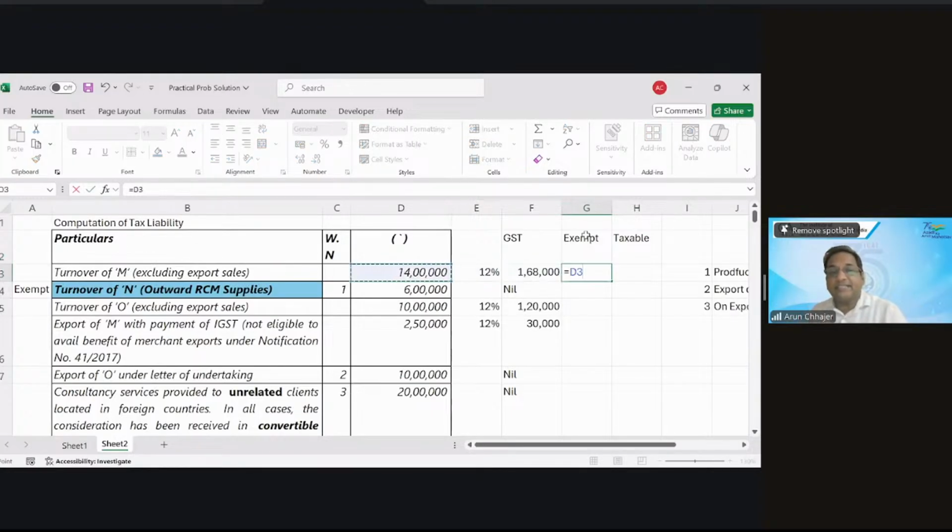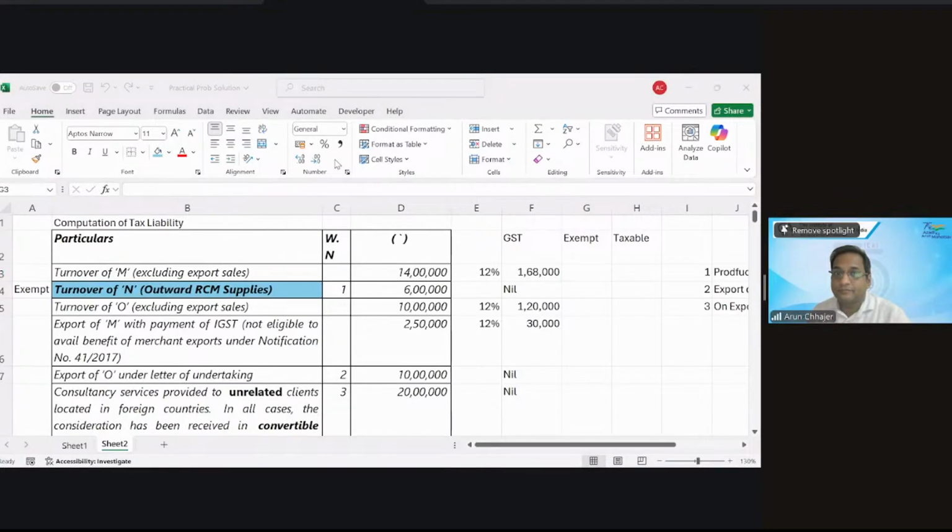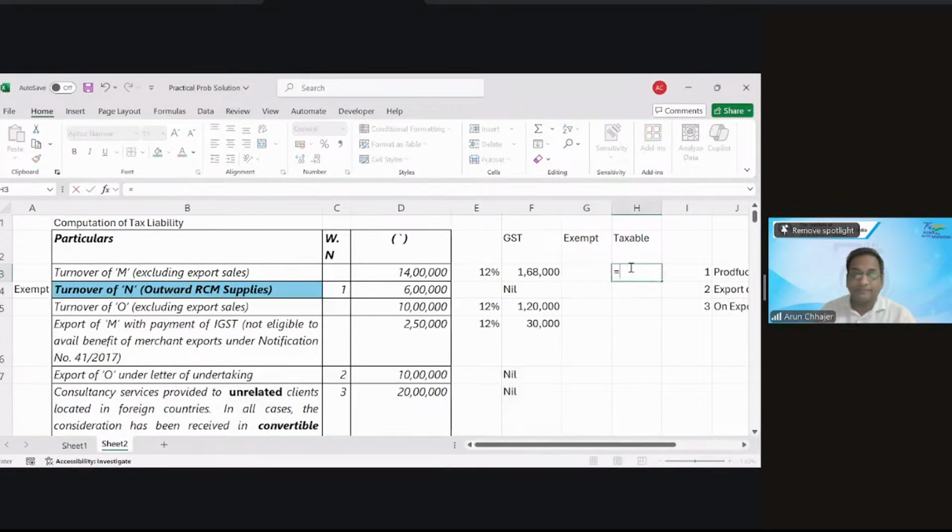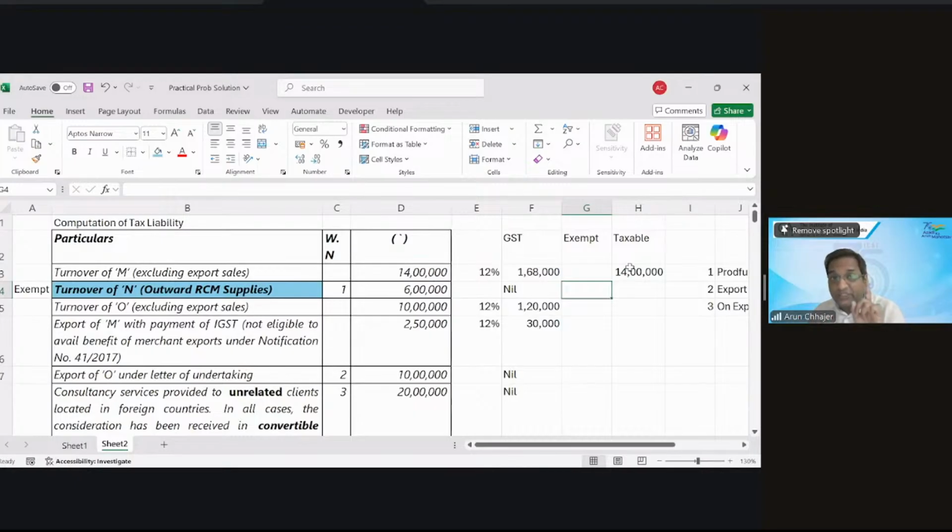Is turnover of M considered as exempted or taxable? The answer, sir, is taxable because we have paid the taxes on that. Turnover of M: as per 17 subsection 3, outward supply covered under RCM is considered as exempt supply for the purpose of reversal of common ITC.